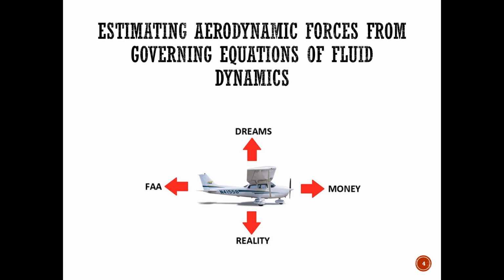On a more serious note, you've got weight, lift, thrust, and drag, and of course the FAA has a lot of rules, so you can think of the FAA as having a drag component. But again, these three forces can be derived from the equations of fluid motion. And of course, you've got the weight, but weight is pretty much there for any material, right?